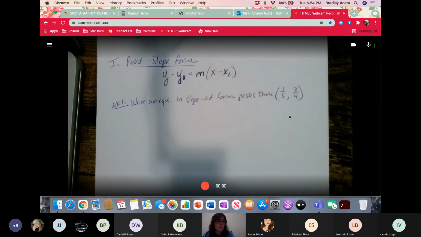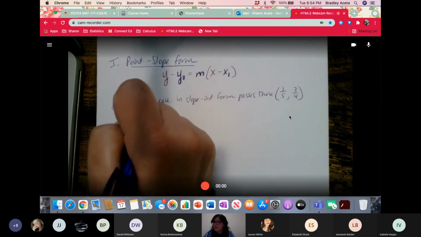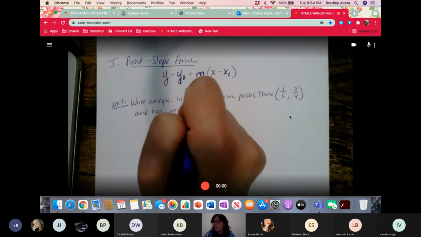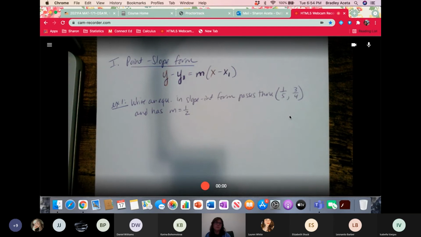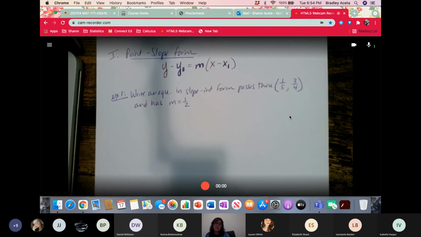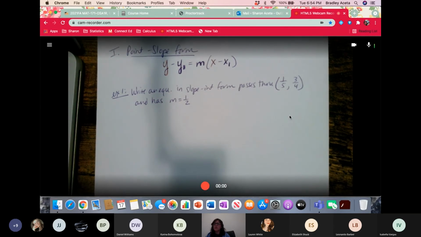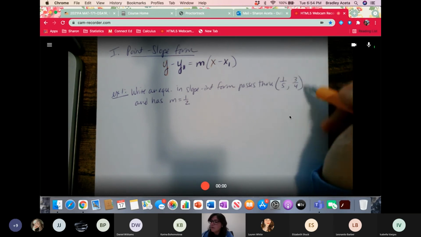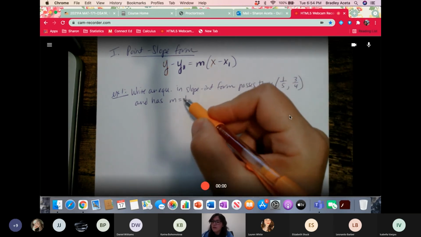I'm doing fractions for a reason. And has a slope equal to 1/2. Okay, write an equation in slope intercept form that passes through the point 1/5, 3/4 and has a slope of 1/2. So notice they've given you three numbers: 1/5, 3/4, 1/2.